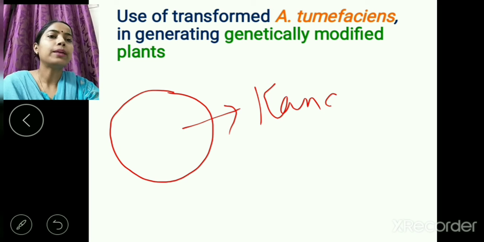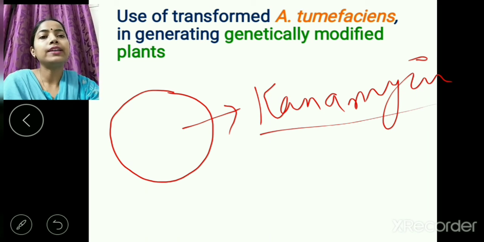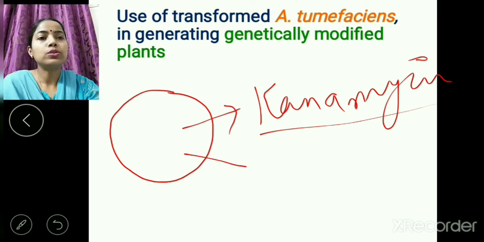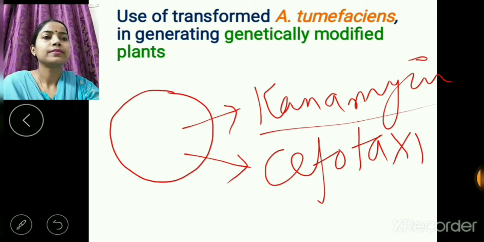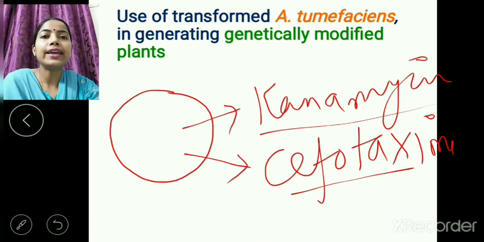Why kanamycin? Obviously this antibiotic helps in selecting the transformed over non-transformed plant cells. Also there will be one more antibiotic, that is cefotaxime. This cefotaxime will help in removing the bacteria if they come attached to the plant cells.